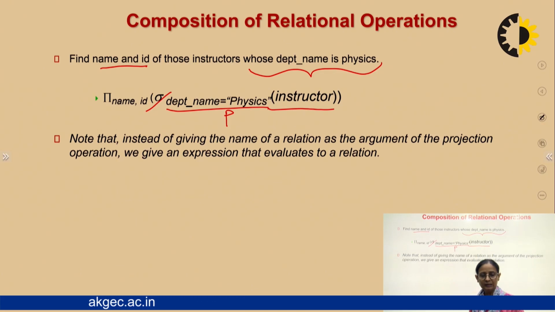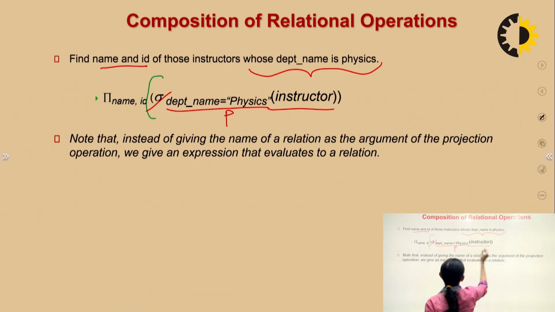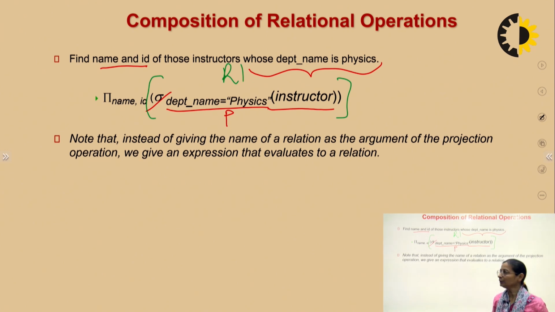And I am aware that the output is always a relation. So in this case, whatever I am giving here, the output of this is again a relation. Let's suppose that is R1. Now, whatever I am getting as an output of this query will pass as an input to this outer relational algebra operation, that is the pi operation.